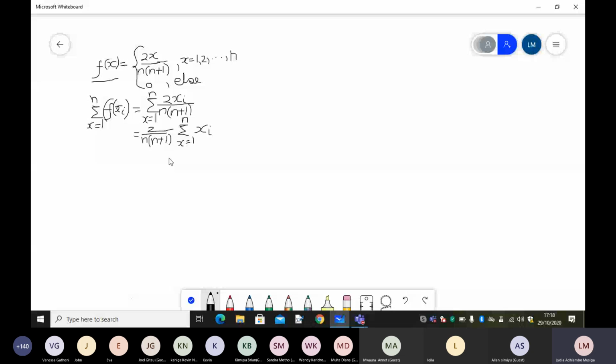This will be equal to 2 over N into N plus 1, and then, what is summation Xi? We are summing the Xi values.